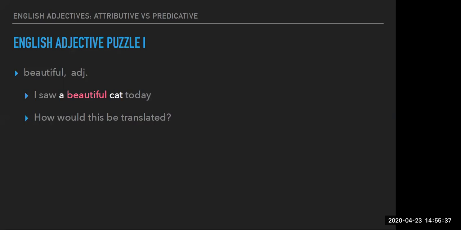I know there can be a lot of debate about this, so I'm not really focusing on what exactly this suffix does. I'm not looking at a linguistic analysis of what ana means there, but I'm just using it as an example to say that this is one of the ways in which we produce adjectives in Tamil. So I saw a beautiful cat today would be நான் ஒரு அழகான பூனையை பார்த்தேன். Okay, so அழகான. Okay, so next slide.